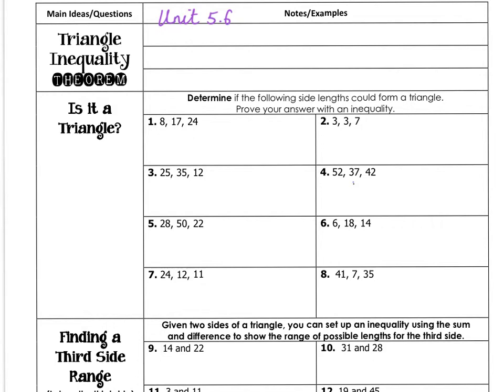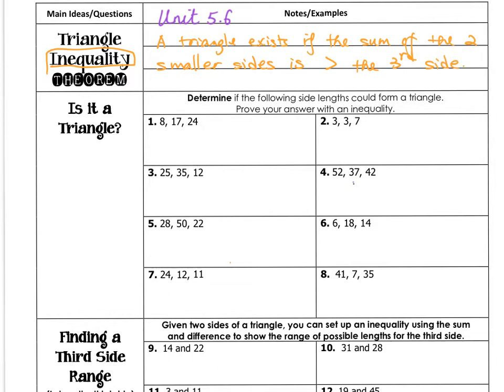In this unit, we're going to study the triangle inequality theorem. And this theorem says a triangle exists if the sum of the two smaller sides is larger than the third side.